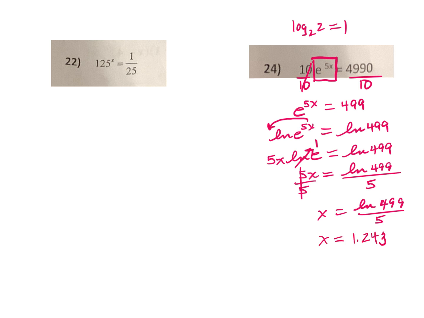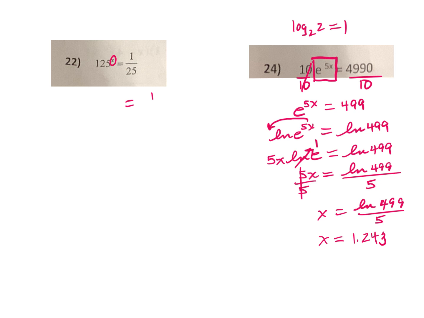All right, so number 22, you could use a natural log here because, again, our unknown is up in the exponent, but that's not what I would do here. What I would do is rewrite both sides as an exponent with a base of 5. The reason I'm going to do that is because 125 and 25 can both be written as 5 to a power.